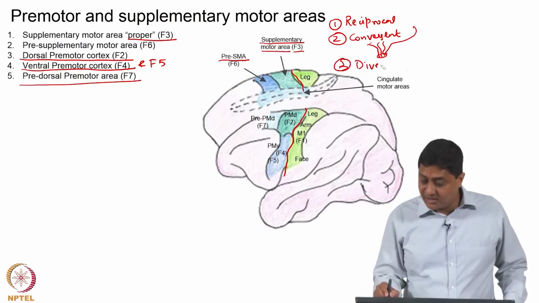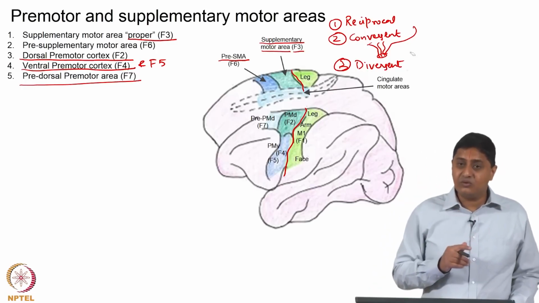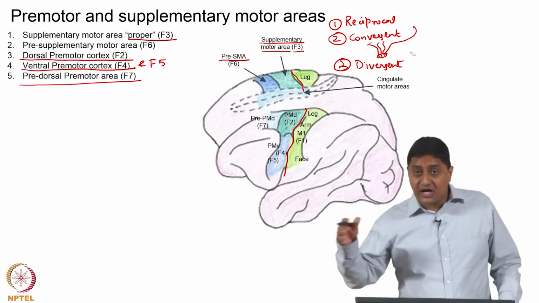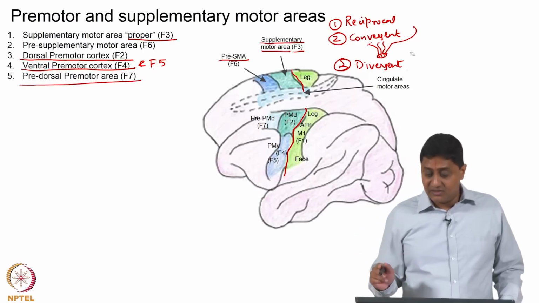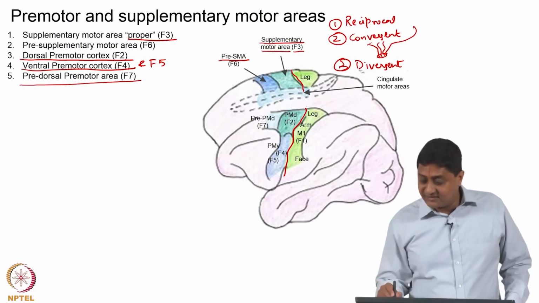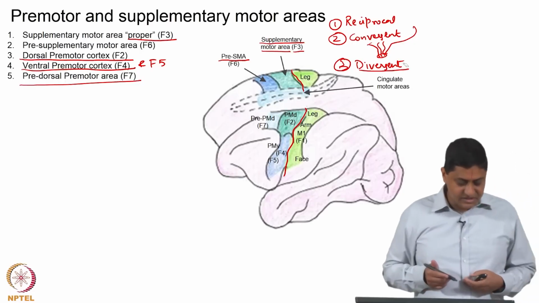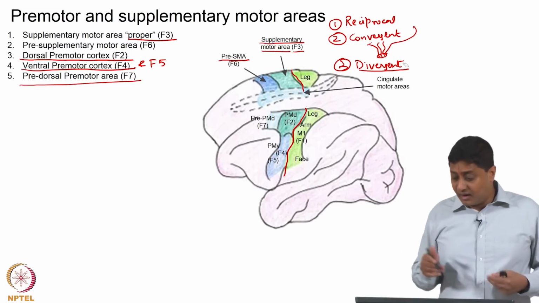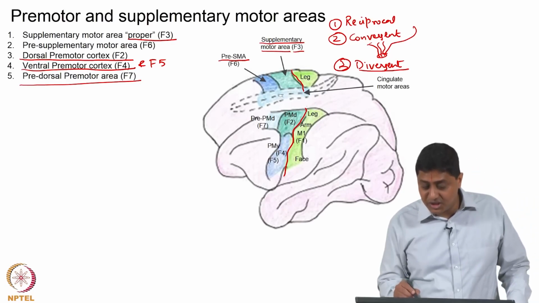So, projections that start from a relatively small area could go to different regions, to relatively larger areas or to functionally distinct areas. So, these projections are called divergent connections. So, all these things exist. There are convergent connections, there are divergent connections, there are reciprocal connections, and the classification is also based on the crucial properties of neurons within this area.